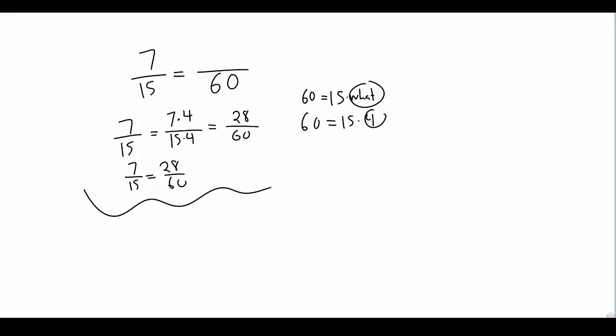And our other number, 5/12: you see that 60 is 12 times 5. So we do multiplication by 5 in the denominator. Do the same in the numerator. You get 25 over 60.